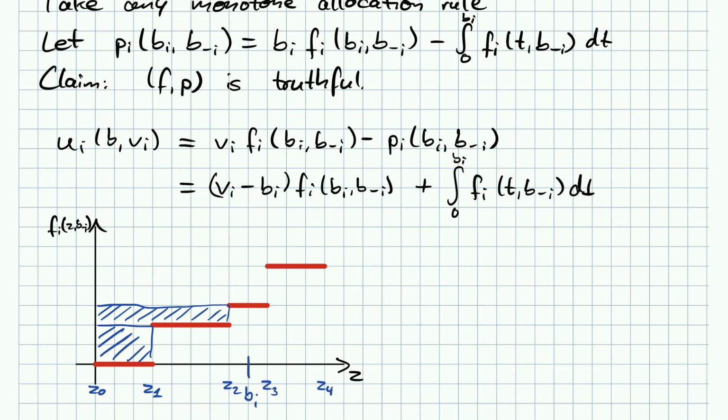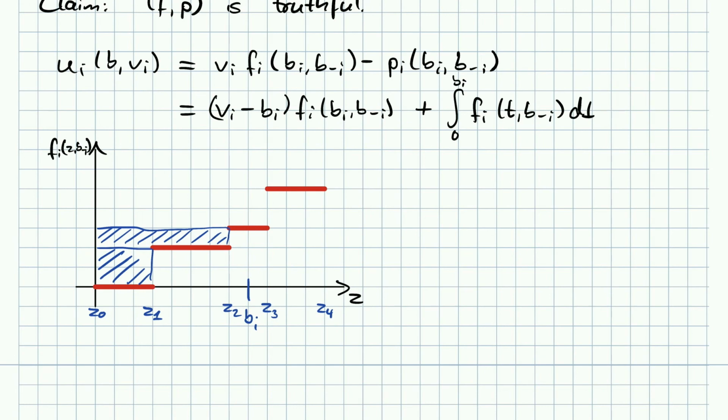Let's first say that this vi is equal to this bi. Then this here will be 0, and my utility will be exactly this integral. So let's try to draw this here. So this might be now equal to my bi. So if I bid truthfully, then my utility will be exactly this much.